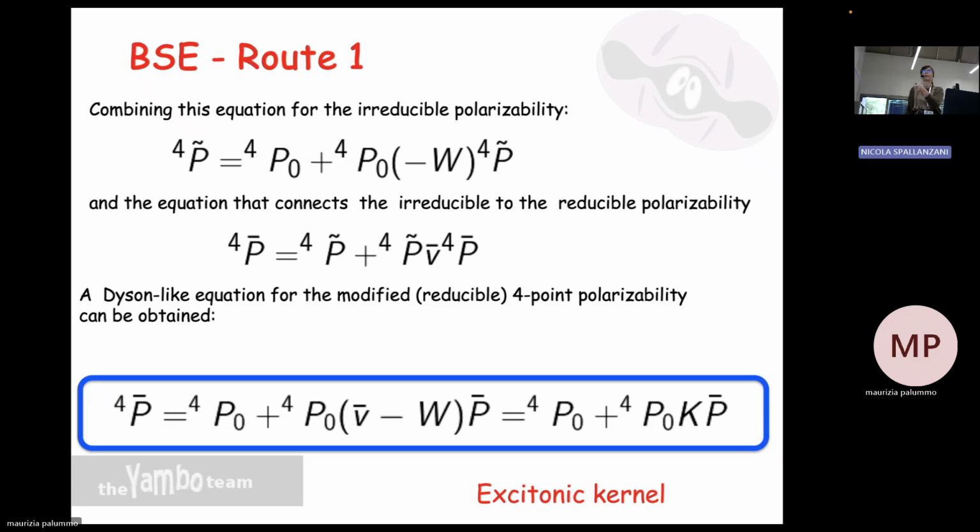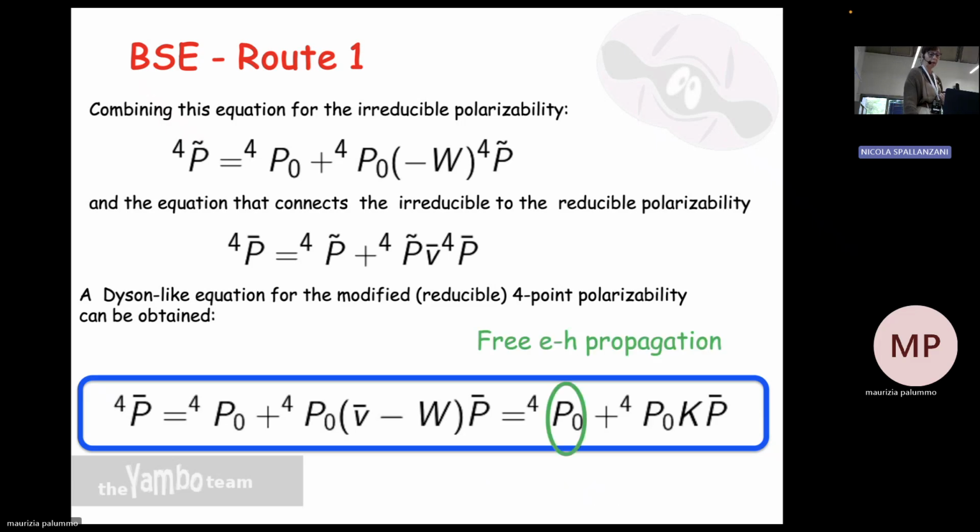This first term is the independent propagator, while the other two are what we call the excitonic kernel. This is the electron-hole propagator, and this other term is the excitonic kernel, that describes the fact that the two propagators, electron and hole, are not independent but interact through different kinds of diagram.